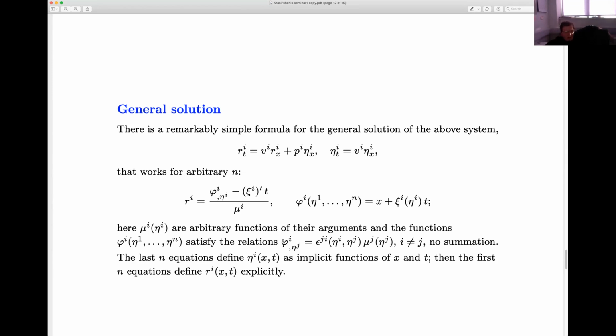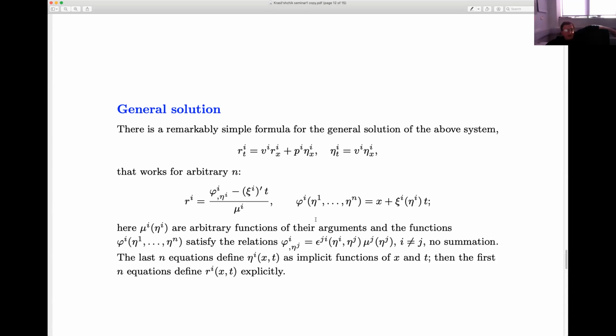All compatibility conditions are satisfied, trivially actually. So I can reconstruct these functions phi i. When I do this, I gain n functions of integration, because for phi i's, I have all j derivatives, where j is not equal to i. So for each phi i I have one arbitrary function. So in total, I will have 2n arbitrary functions. Okay, so now I have explained what the phi i's are.